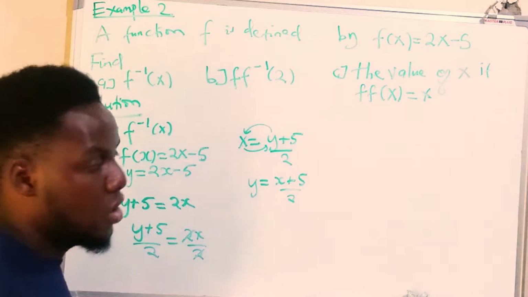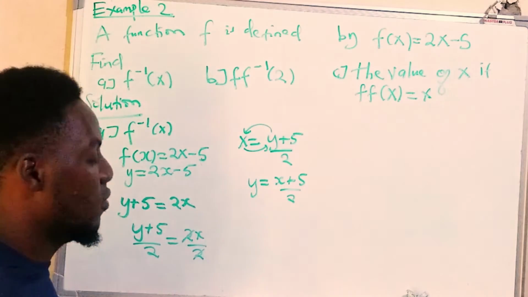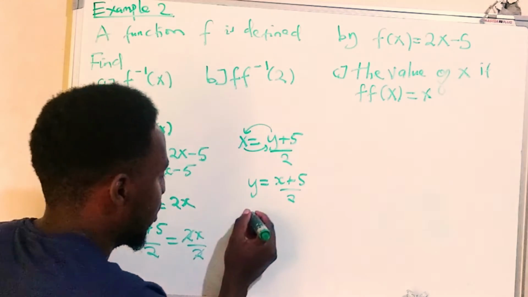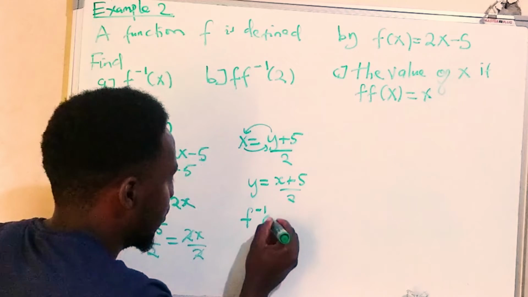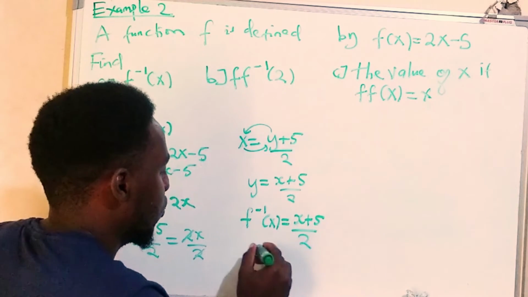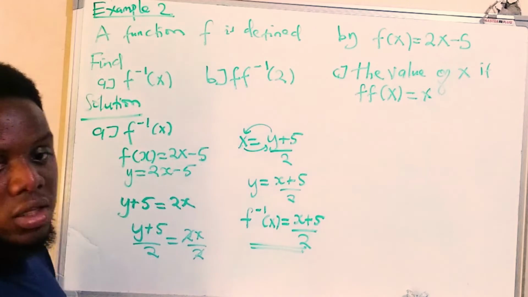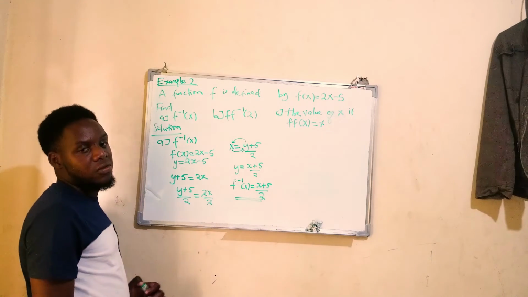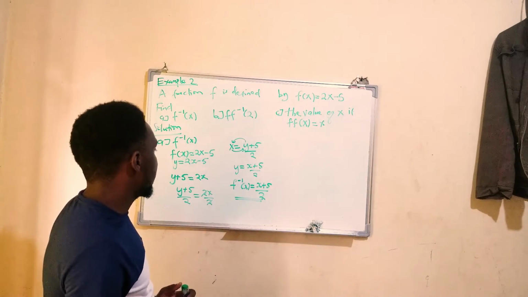Then the final step, you just replace y with f inverse of x is equal to x plus 5 over 2. With that done, you have found the f inverse of x for the function f of x is equal to 2x minus 5.